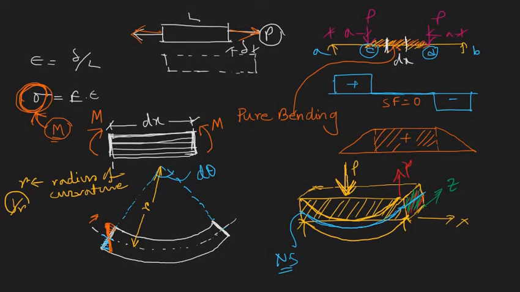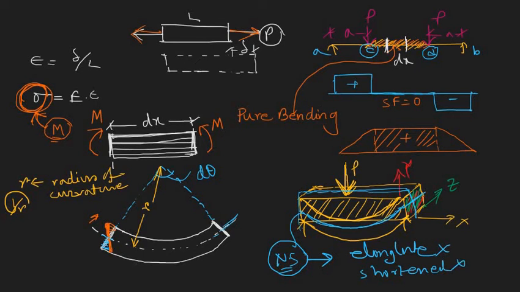The neutral surface is the first concept, which is neither elongated nor shortened. And when the neutral surface is cut by the xy plane, the plane along which the load is applied, it is known as the neutral axis. Got it?